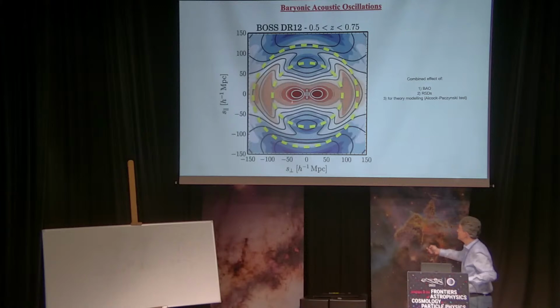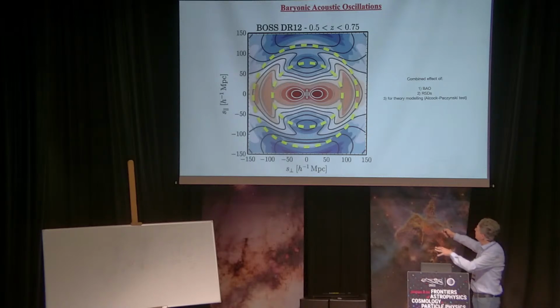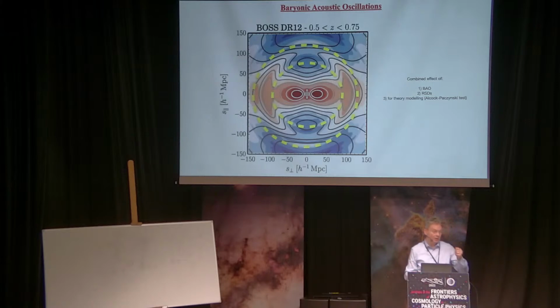And in order to have the theoretical model passing through these colorful contours, you need to do the so-called Alcock-Paczynski test. You need to pick your cosmological model right, because if you don't, you don't agree with the data. The Alcock-Paczynski effect exploits the fact that you have to choose a cosmology to convert between, let's say, redshift and angles to actual redshift space coordinates.